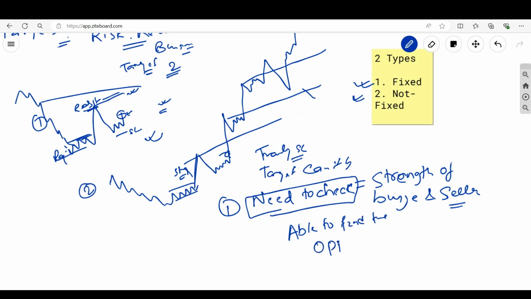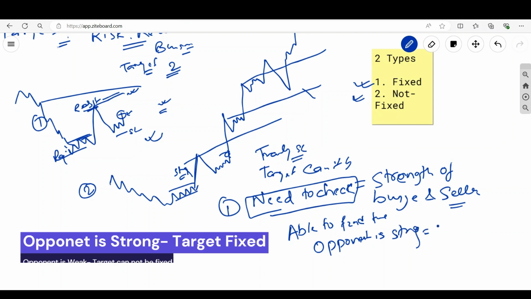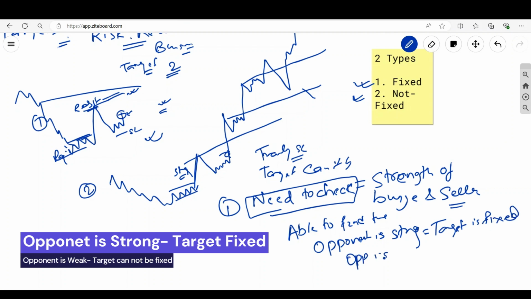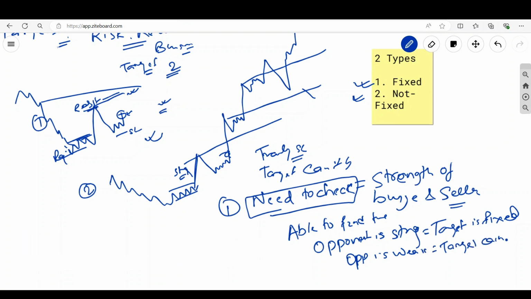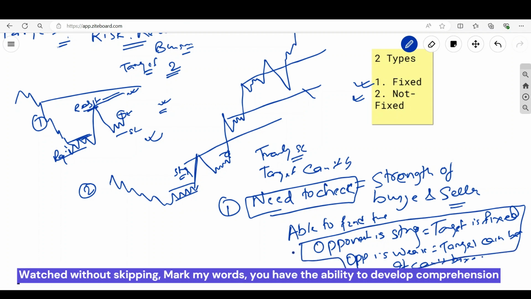If the opponent is strong, the target is fixed. If the opponent is weak, the target can be trailed; it can't be fixed. So these are the two rules which will help you find the target of any stock, whether you have to hold it for a longer way or book profits.